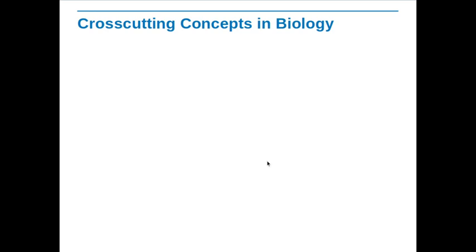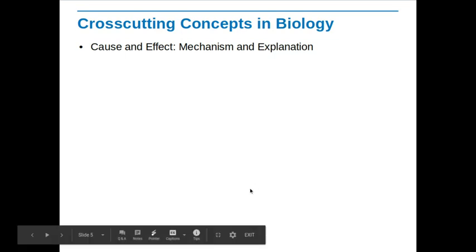Cross-cutting concepts in biology. There are several cross-cutting concepts in biology. Cause and effect, mechanism and explanation. Successful scientific research reveals rules and patterns that can explain and predict at least some events in nature.